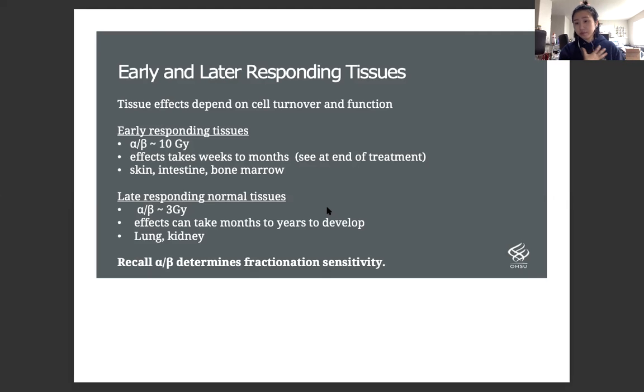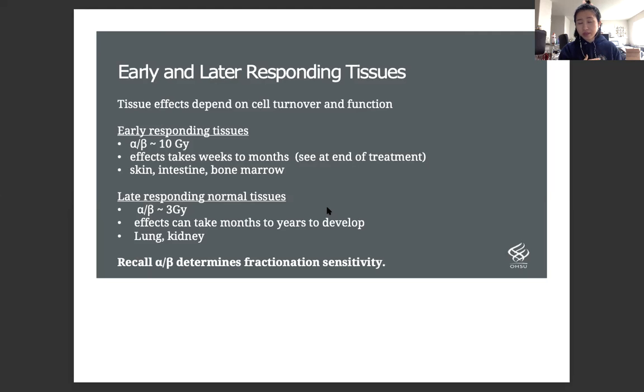For example, for breast treatment, if they have about 35 treatments for breast cancer, with the patient using tangent fields, you will see their tissue responding to the treatment.